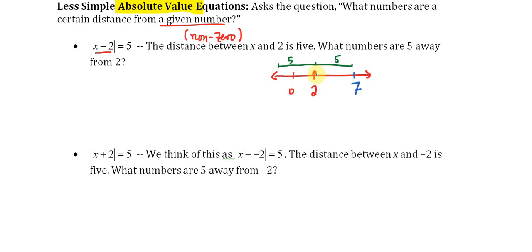And if I start at 2 and go 5 to the left, that leads me to -3. So one of the ways we can say this is that x could be equal to 7, or x could be equal to -3.